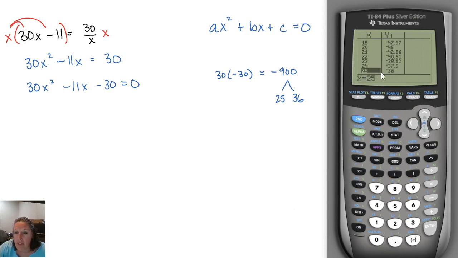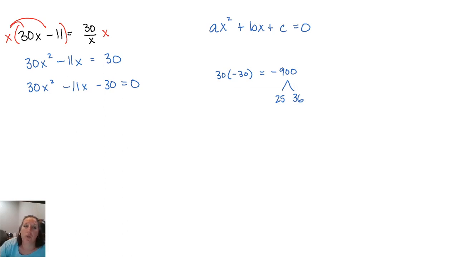But when we get to 25 and negative 36, 25 and 36 do multiply and give us negative 900. We want them to add to a negative 11, so that is actually the combination we want. 25 plus negative 36 is going to be equal to negative 11. So we want 25 and negative 36.